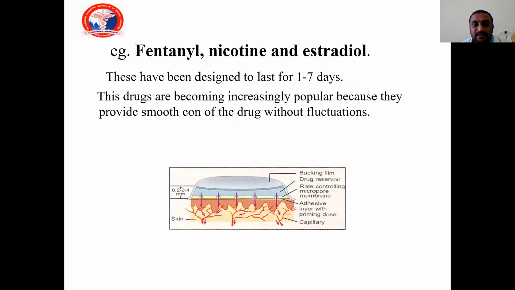To summarize the examples, nicotine and estradiol patches are designed to last for 1 to 7 days. These are becoming more popular because they provide a smooth concentration of the drug without fluctuation. You can see there is a backing film, under which there is a drug reservoir where the drug is stored, and there is a micropore. Through the micropore the drug will be released slowly.